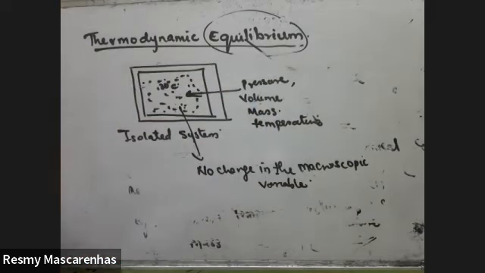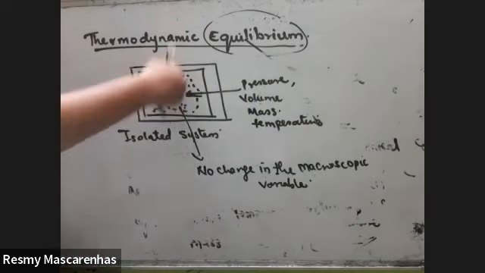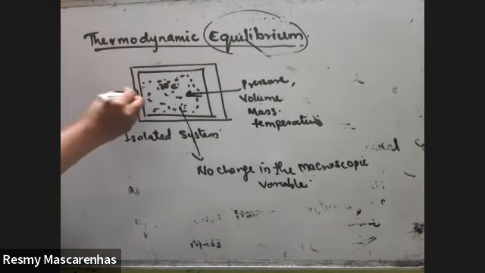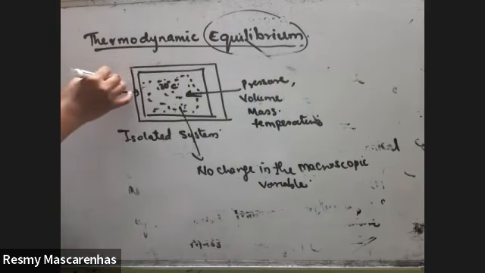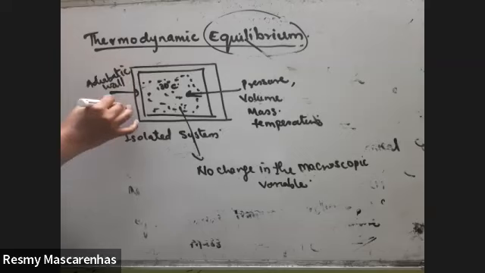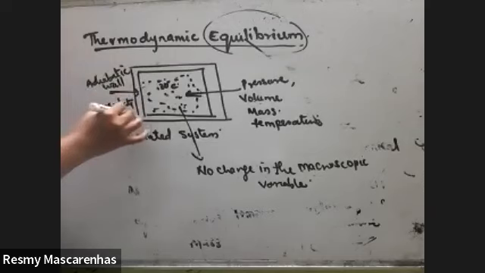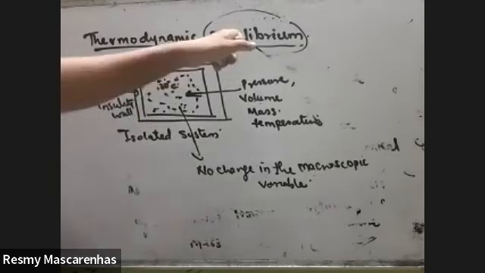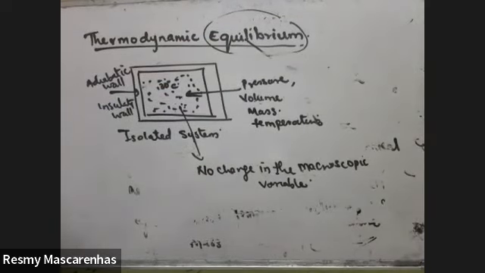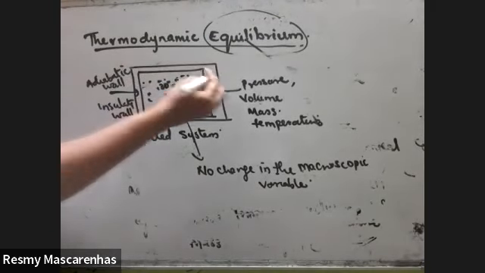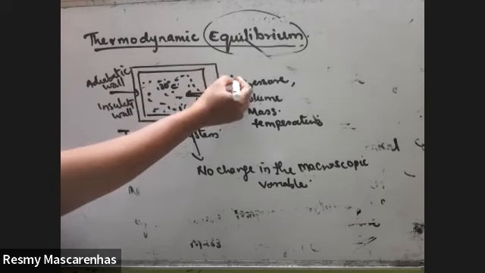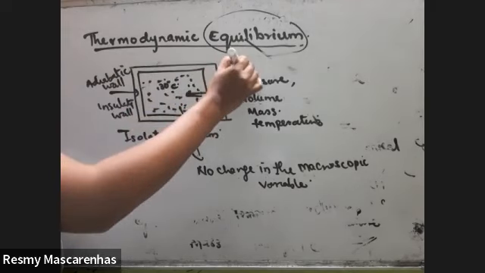Okay, so there is no change in the macroscopic variables. Why? Because it is not having anything to pass out to, because this is an adiabatic wall, also called an insulating wall. So no change means, as I told you, it is at equilibrium, even though the temperature outside may be 20 degrees Celsius.